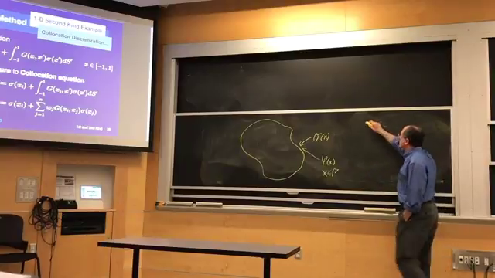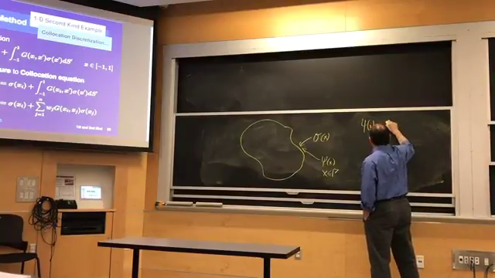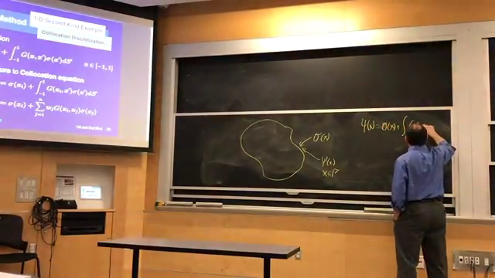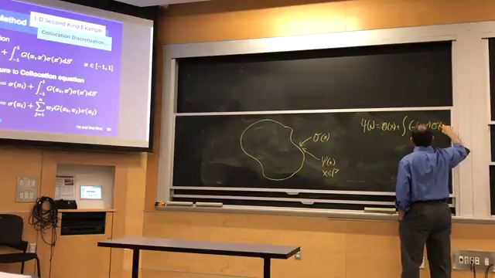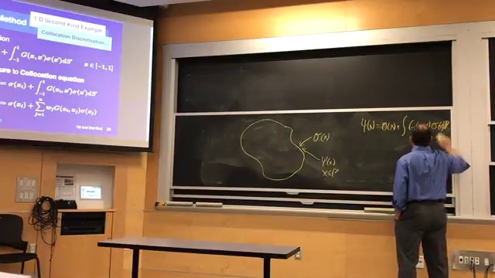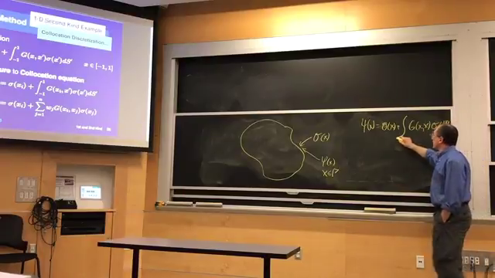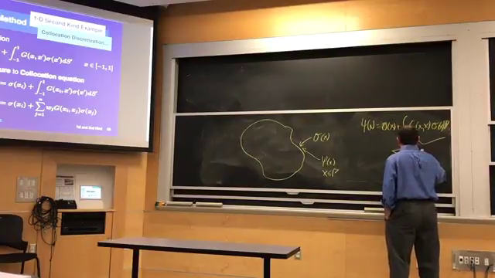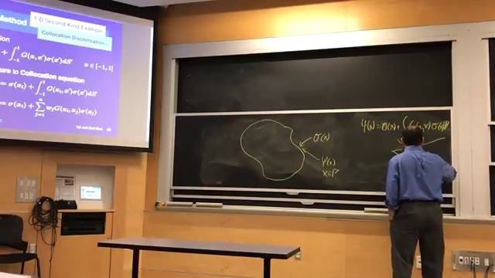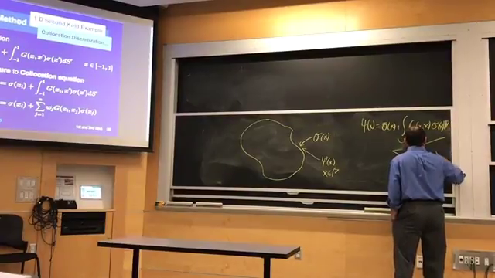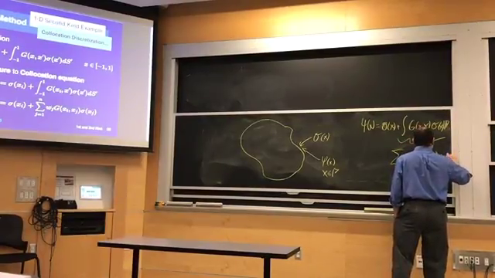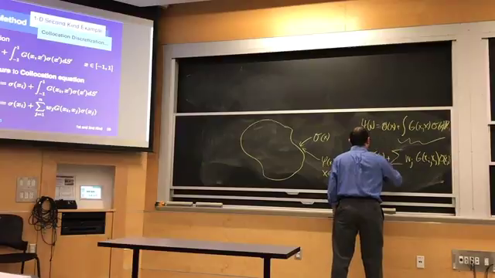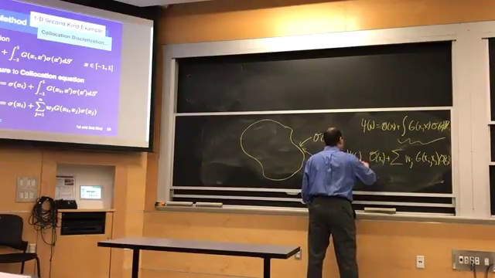And now I say that the potential at x is given by the density at x plus this integral of some g of x comma x prime times the density at x prime, integrated over this gamma. Now I'm going to replace this with a quadrature representation, a sum of wj g of xi comma xj sigma of xj, plus sigma of xi is equal to the potential at xi.